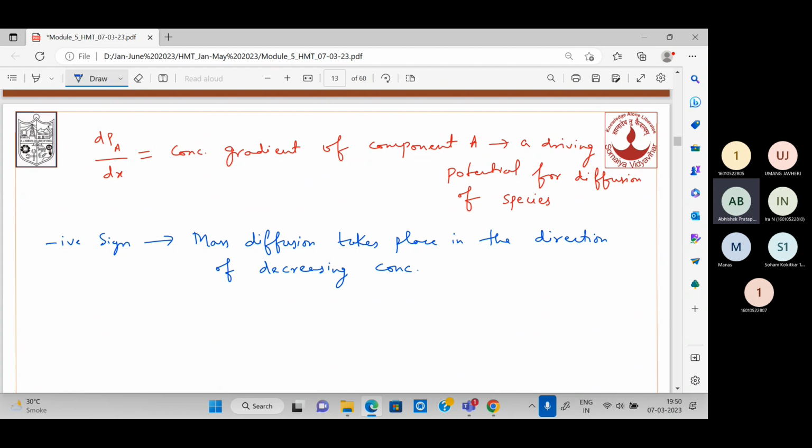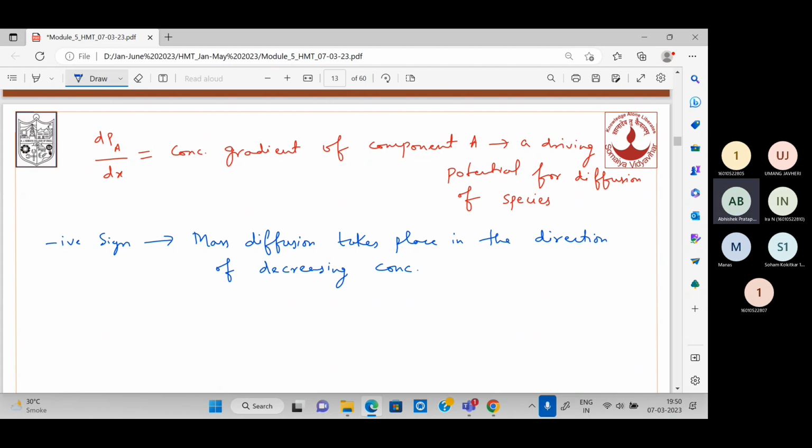Heat transfer takes place from the region having higher temperature to the region having lower temperature, and it continues till thermal equilibrium is achieved.